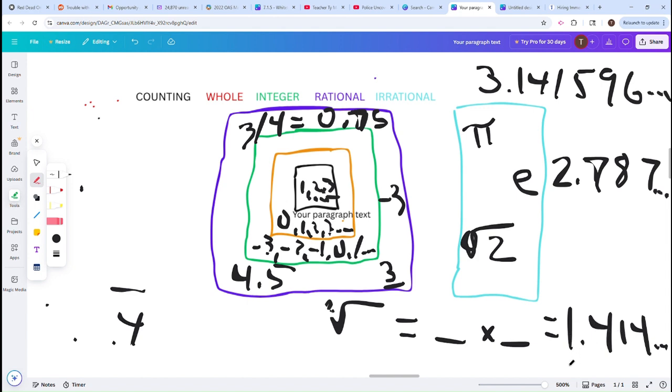So we know 1 times 1 is 1. 1.4 times 1.4 is 1.96. 1.41 times 1.41 gets you a little bit closer to 2. And 1.414 times 1.414, again, you're doing it twice because this sign says, again, there's a number right there. And if you don't see a number there, it's 2.